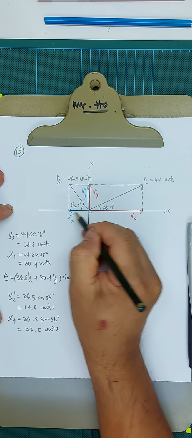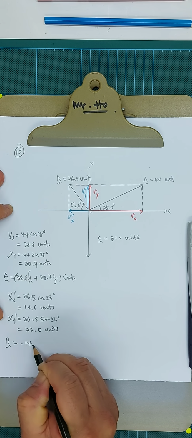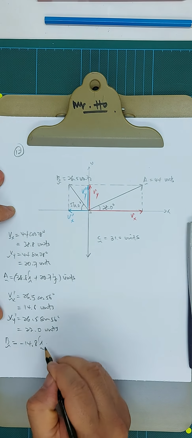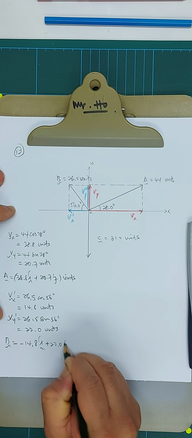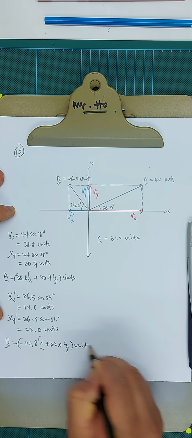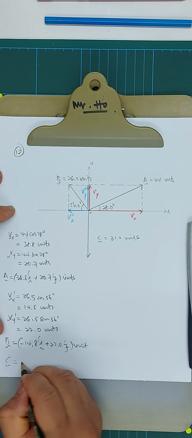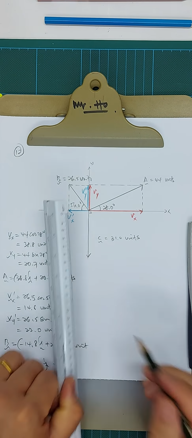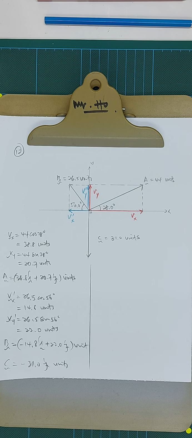But Vx prime is negative, so our vector B is negative 14.8i, and the blue Vy prime is positive 22.0j units. Then C is downwards, so vector C is very easy, negative 31.0j units. So that is the components for vectors A, B, and C.